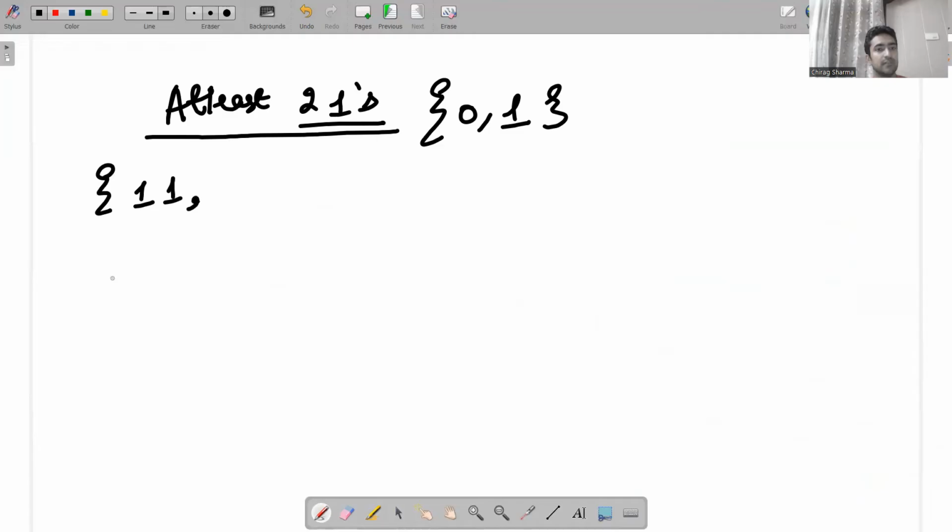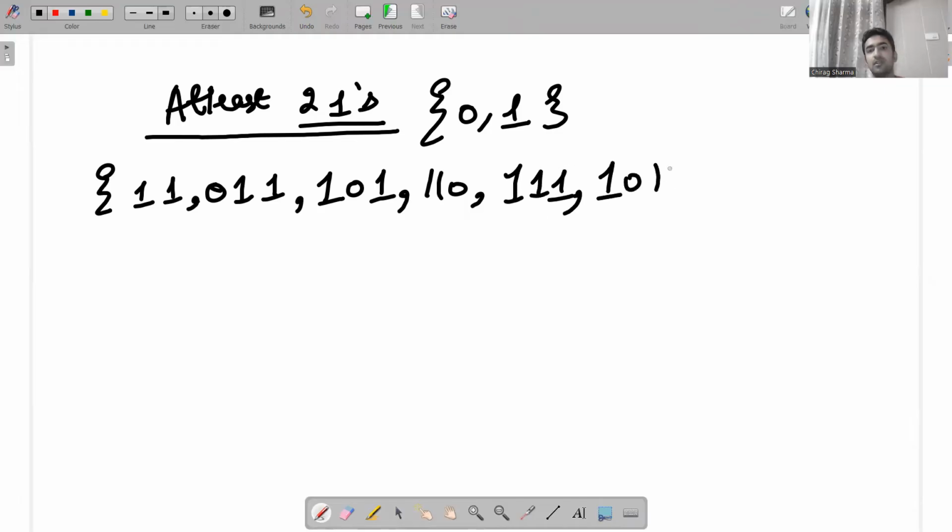Two length, right? Minimum two ones must be there. Let's say, what if I have 0 over here? What if I have 101 over here, 110? So guys, I am constructing length 3 strings again, and what if we have three ones possible?